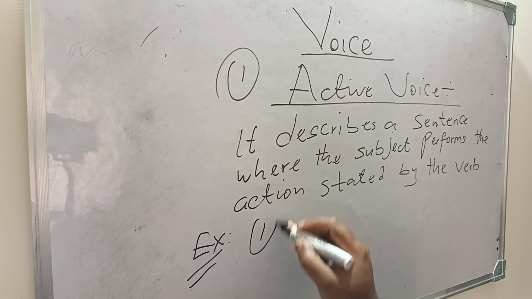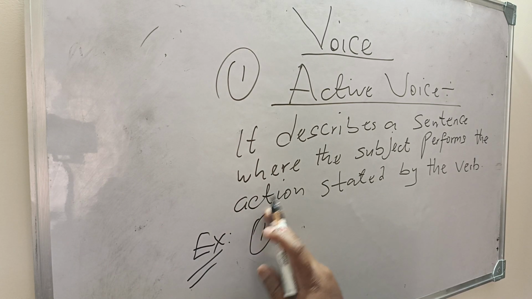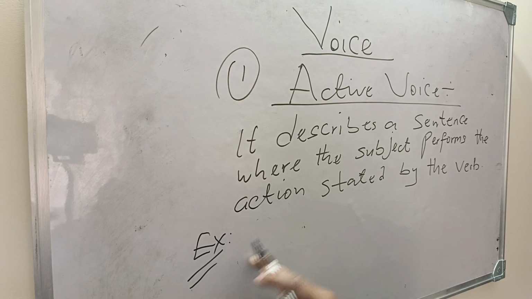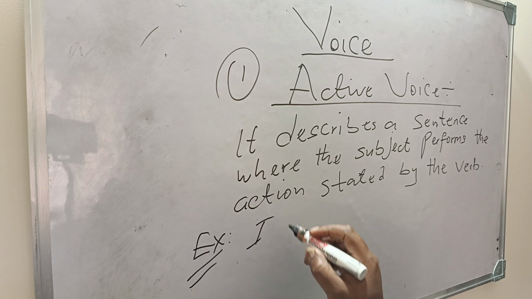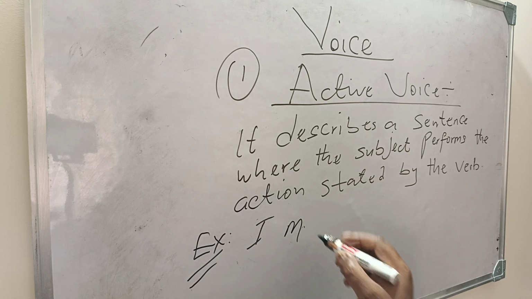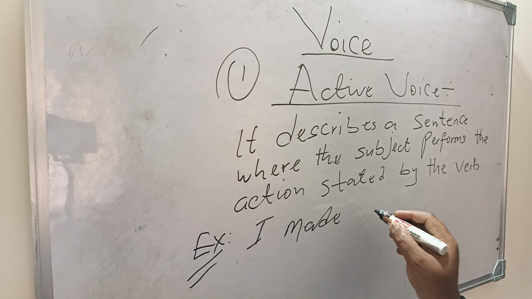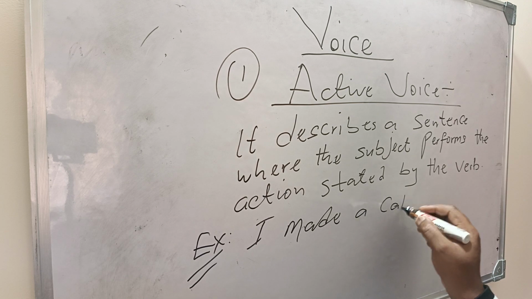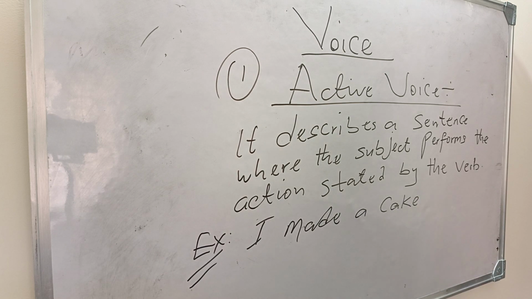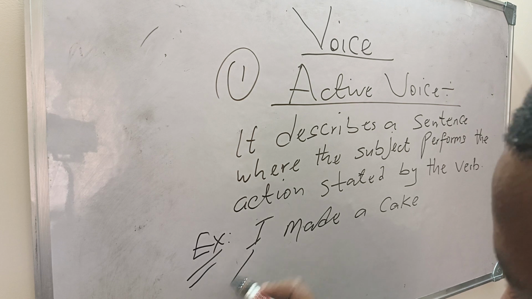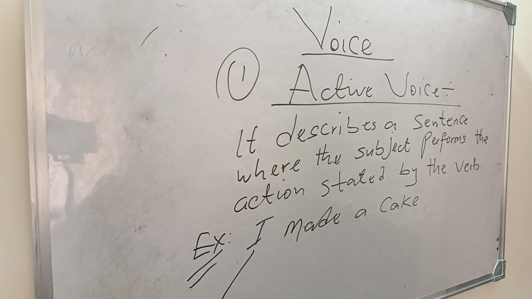Example: I made a cake. Now I is the subject that made the cake. Made is the verb. A is an article.